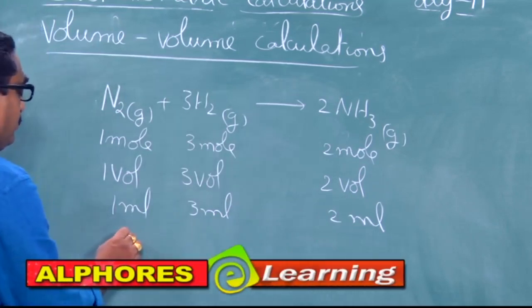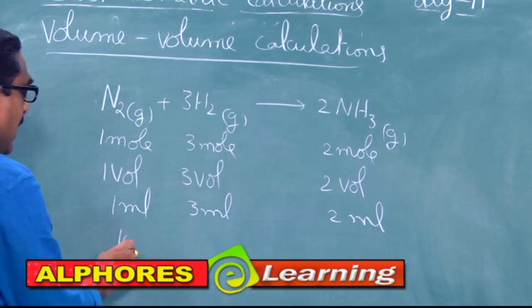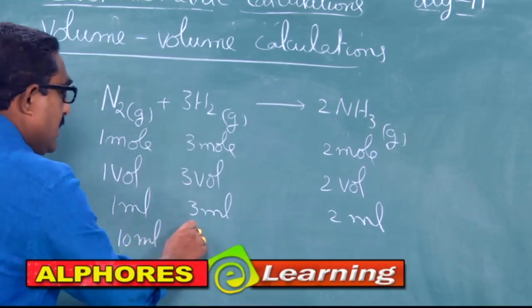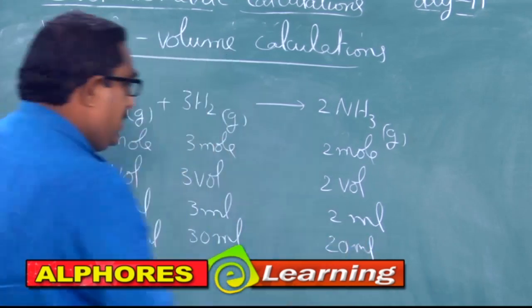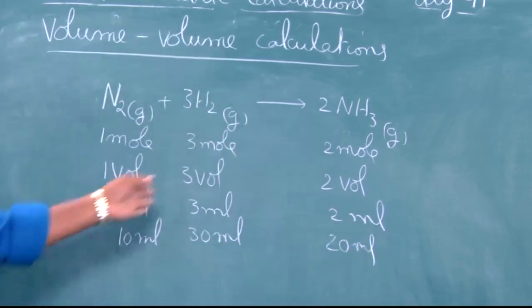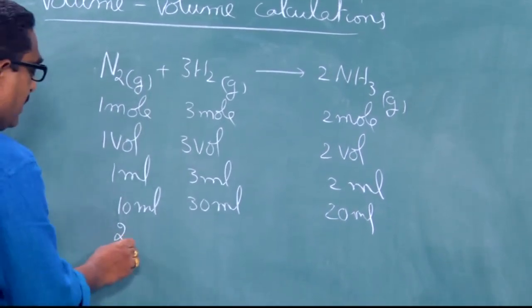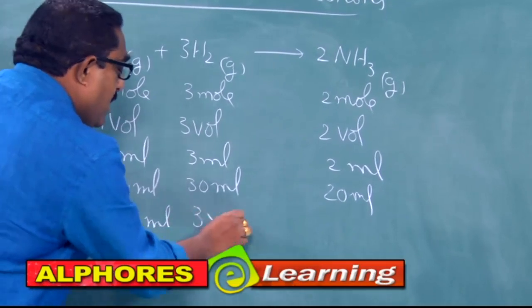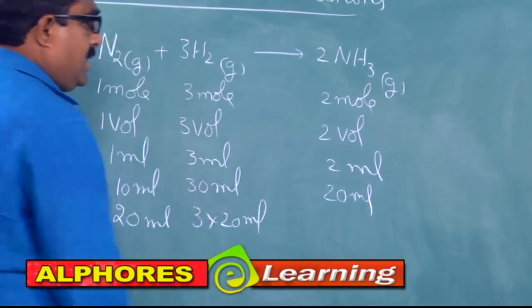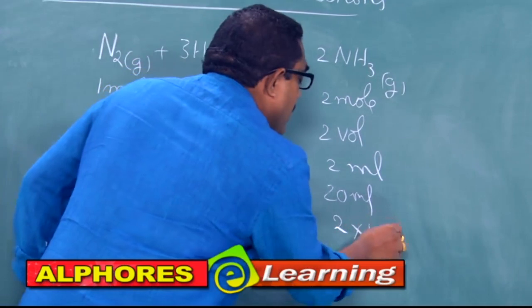Similarly, if you take 10 ml, it needs 30 ml and we are going to get 20 ml. See, the ratio is not disturbed anywhere. Suppose you take 20 ml, here the need is 3 into 20 ml. Here the formation will be 2 into 10 ml.